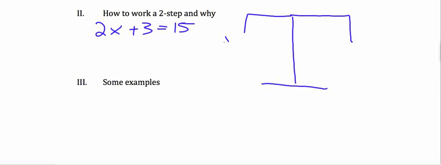2x plus 3 means we have 2 x's and we have 3 little singles. And then over here we have 15 singles.